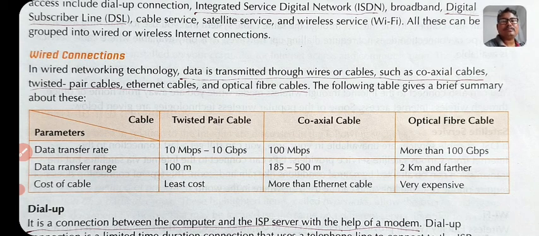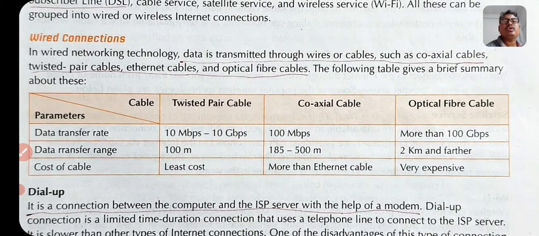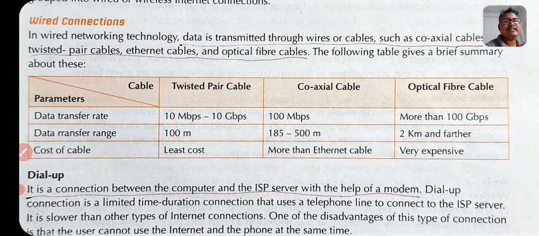In wired networking technology, data is transmitted through wires or cables such as coaxial cables, twisted pair cables, Ethernet cables, and optical fibers. To know about these cables, you can see the table, which gives a brief summary of how it works, what the speed is, and all this information.